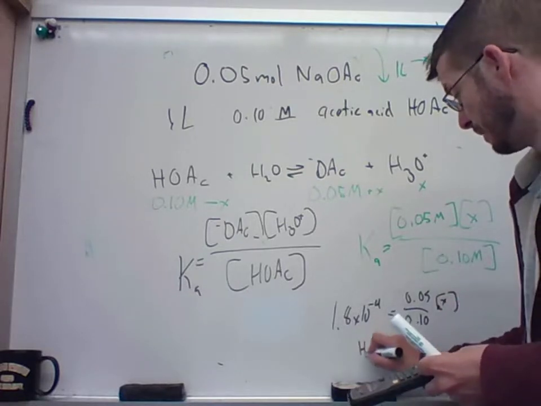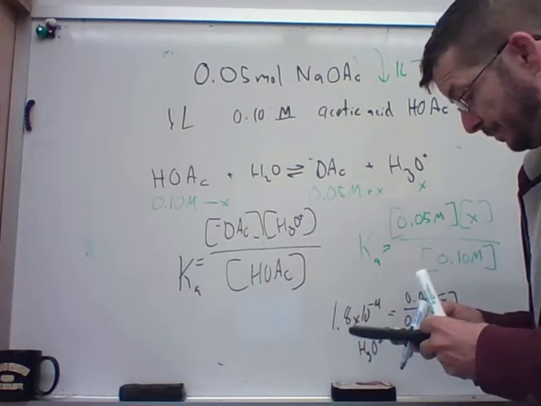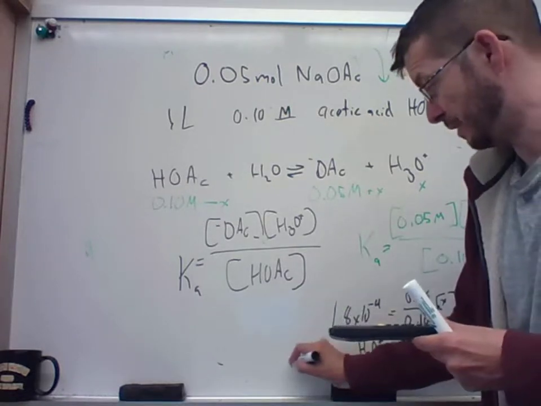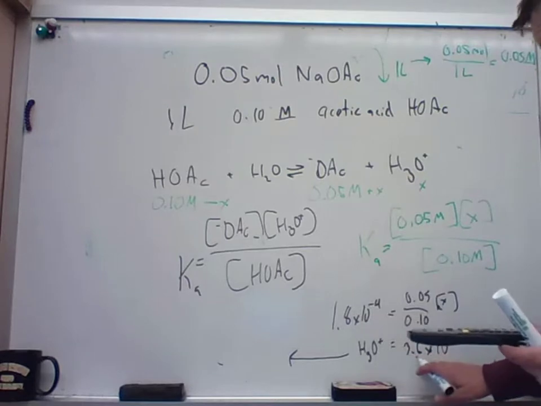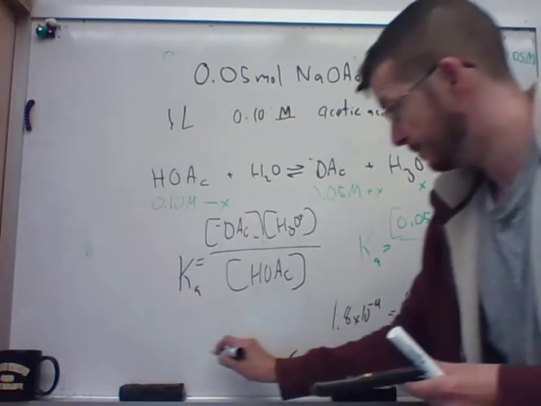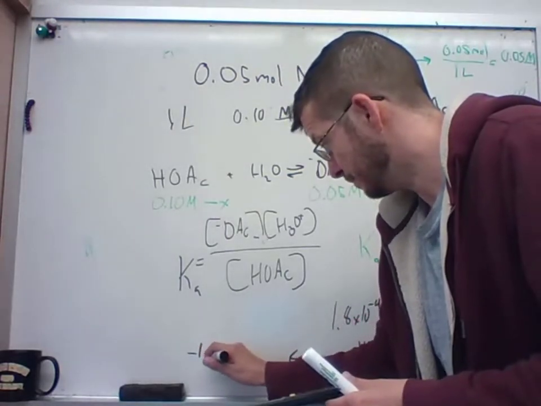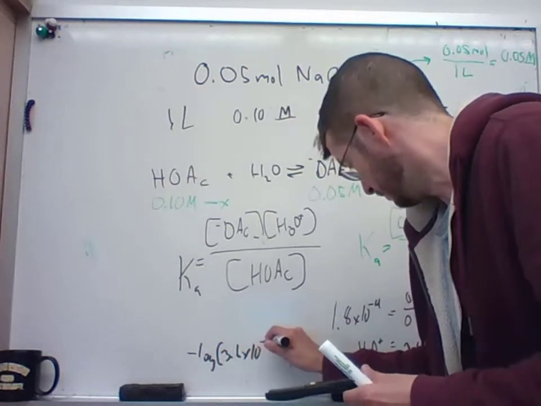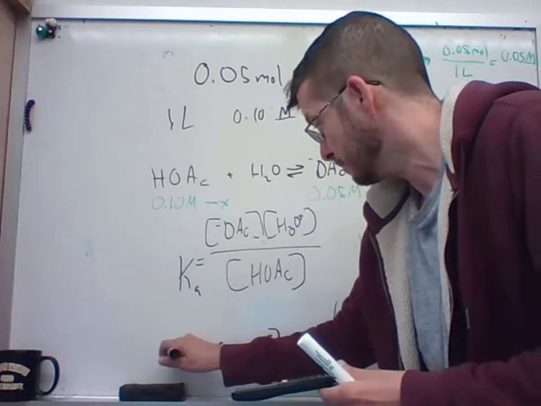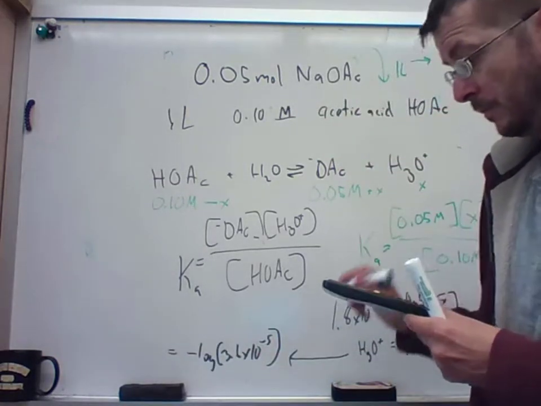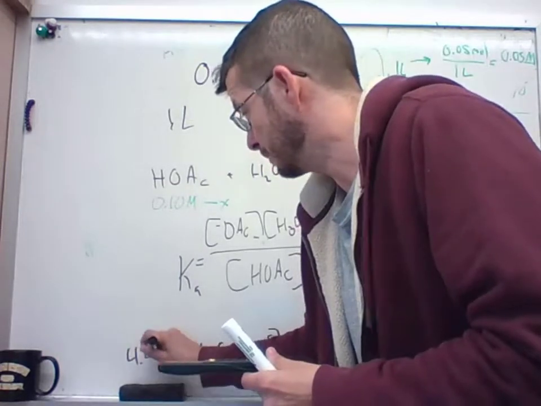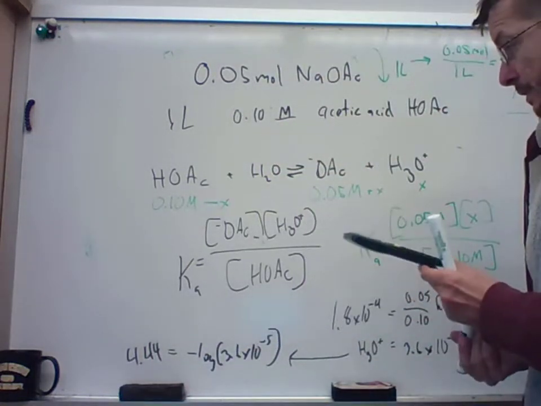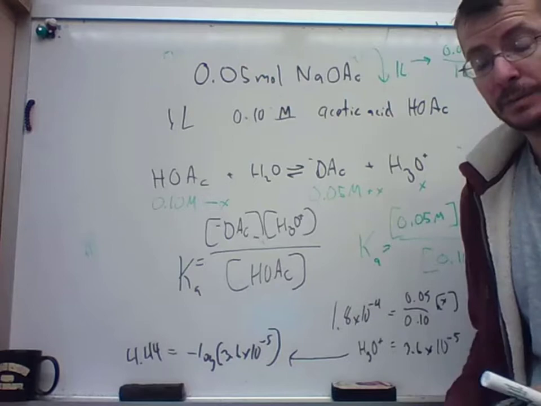And we get a hydronium ion concentration equal to some value times 10 to the negative fifth, which we can convert into pH, taking the negative log of this value, of 4.44. So that's using an ICE table.